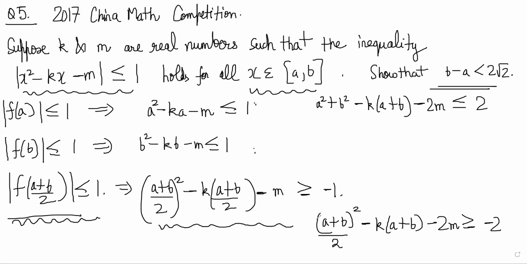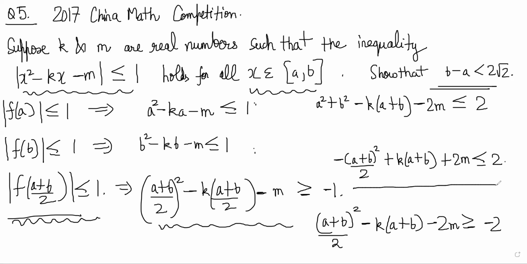And if I multiply it with minus 1, I will get (a plus b) whole square by 2 plus negative of this plus k times (a plus b) plus 2m is less than or equal to 2, right? See, what I have done here is basically multiplied this inequality by 2 and then multiplied it by minus 1. Why am I doing all this?